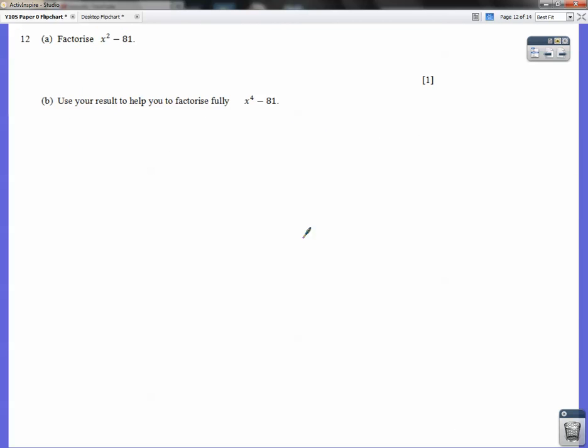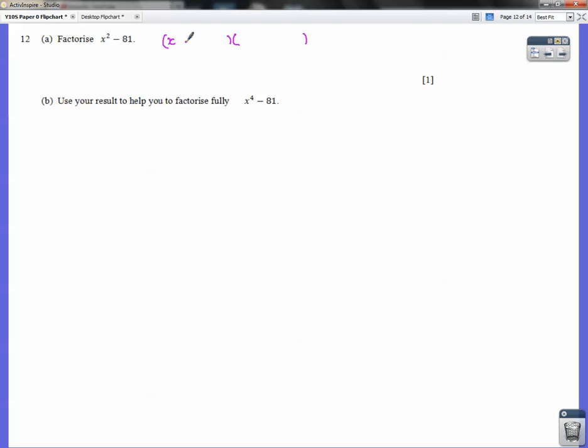In question 12, part A is testing whether you remember the factorization of a difference of two squares. You've got x squared subtract 9 squared. It's such a common factorization that you should memorize it or be able to recognize it and factorize just by looking.